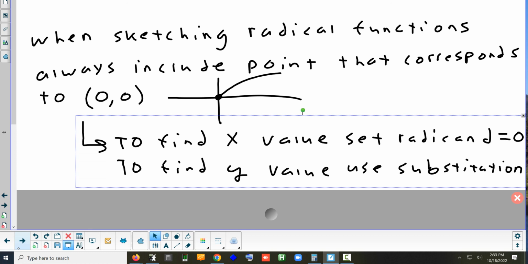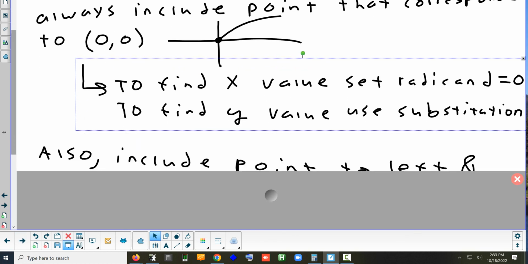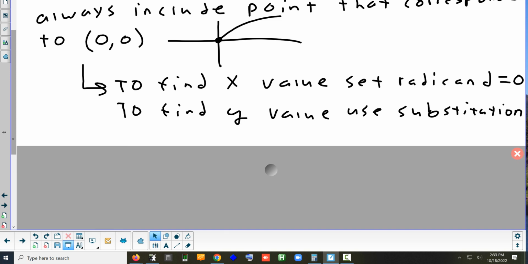Once you know the x value, we can plug that number back in to find the y value. So we're going to use substitution. We're going to plug it back in. What that'll do is it's going to give you the start point if it's an even root, or the center point if it's an odd root.